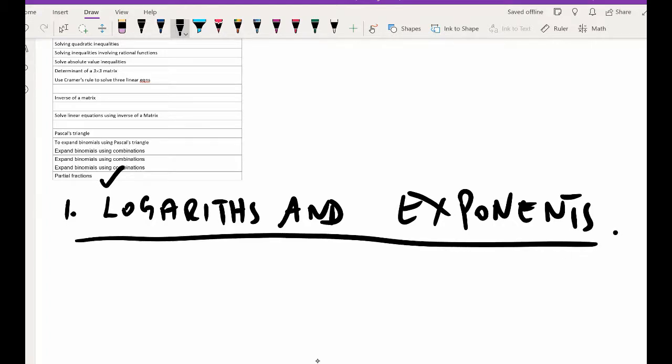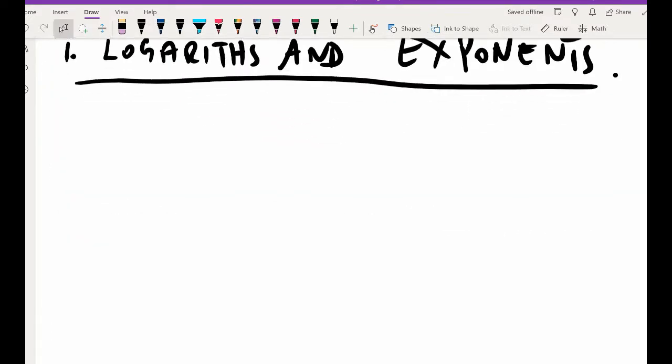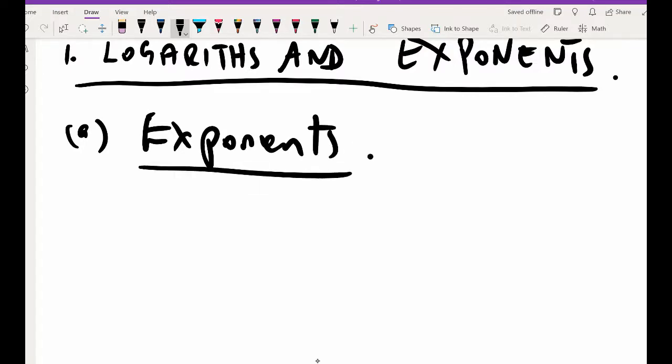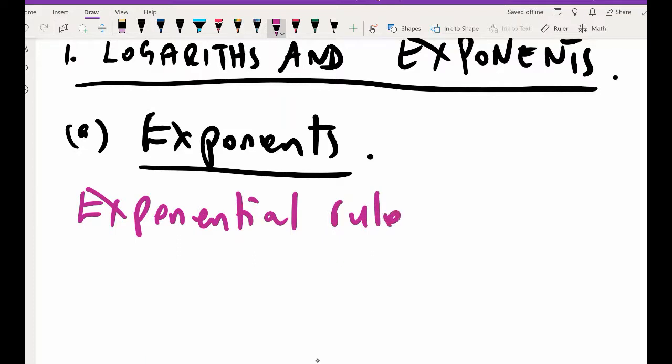Under logarithms and exponents, let us start with exponents. In exponents, actually you have to remember exponential rules, which you were taught in O-level.